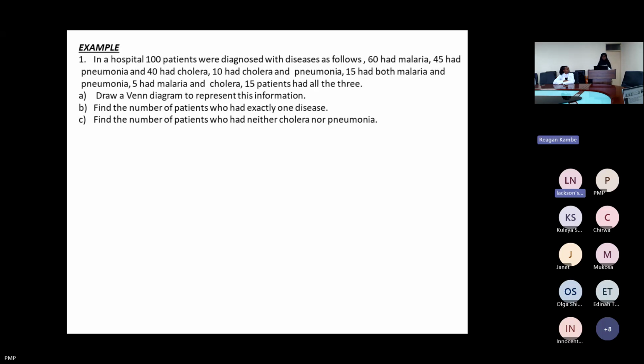The questions are: A, draw a Venn diagram to represent this information. B, find the number of patients who had exactly one disease. C, find the number of patients who had neither cholera nor pneumonia.